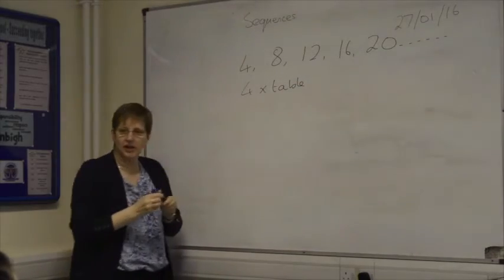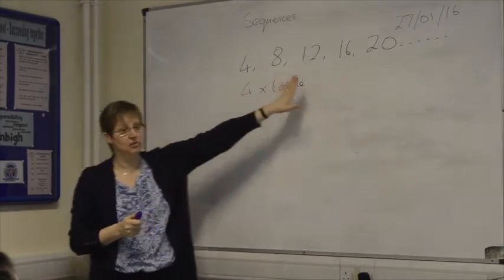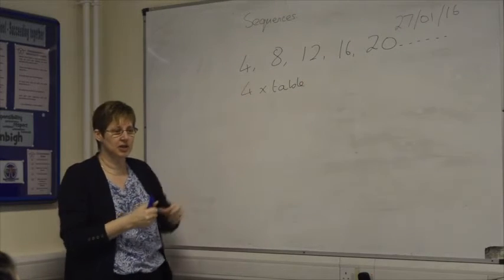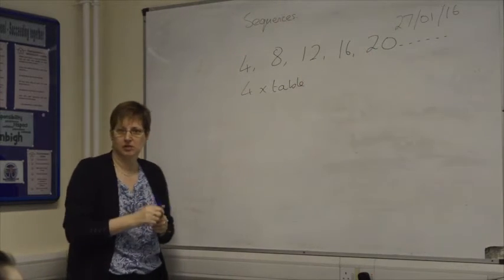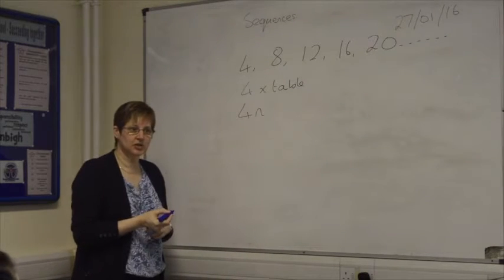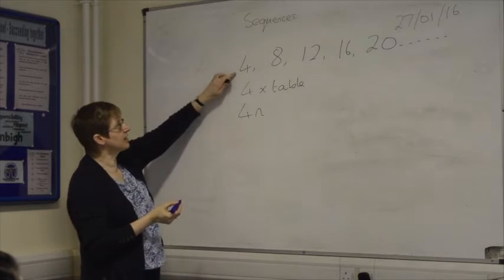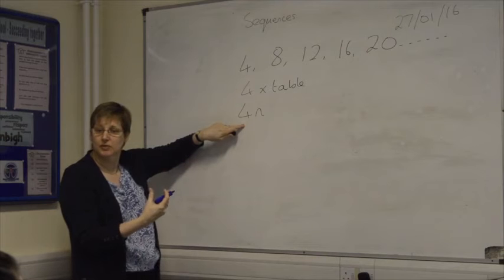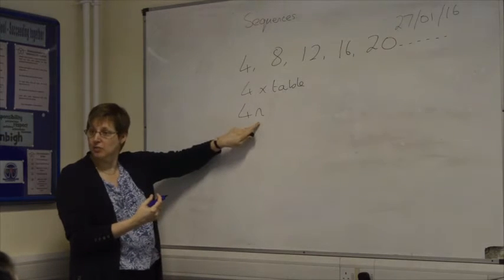And how else can I write the 4 times table? Instead of writing out all those numbers, what short way have we worked out to write the 4 times table? Fred? 4n. Happy with that, Charlotte, as well? Okay. So instead of saying 4, 8, 12, 16, 20, I could just say 4n, and we would know that that was the 4 times table, because that n could be any number at all.